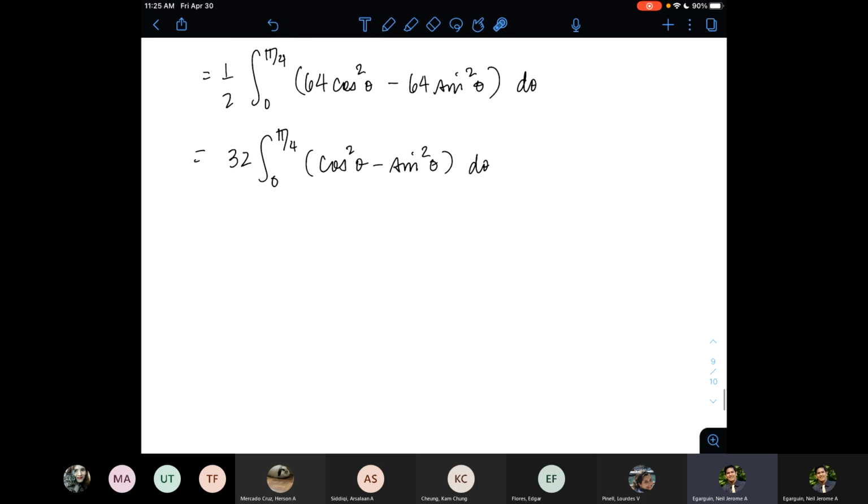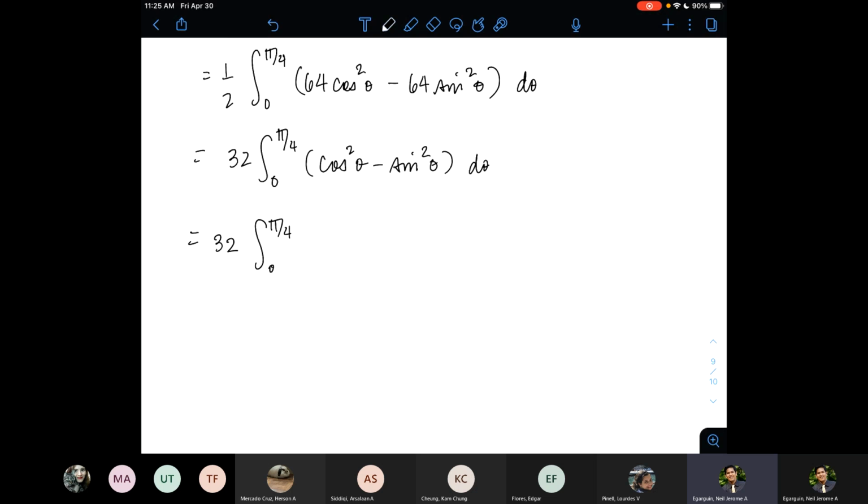There we go. And then to evaluate this, you can either use the half angle identity, or how we dealt with even powers of sines from techniques of integration. I think that's chapter 7 or 8, correct? Or you can take advantage of some identities from trigonometry.